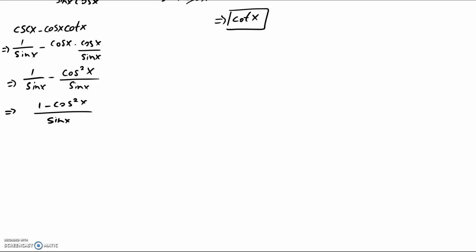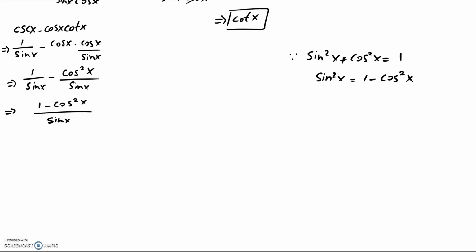Okay, now again, numerator, you can see that you can apply this identity to simplify it further. Sin squared x plus cos squared x is equal to 1. Let's rearrange this identity, and it's going to be sin squared x equals to 1 minus cos squared x.